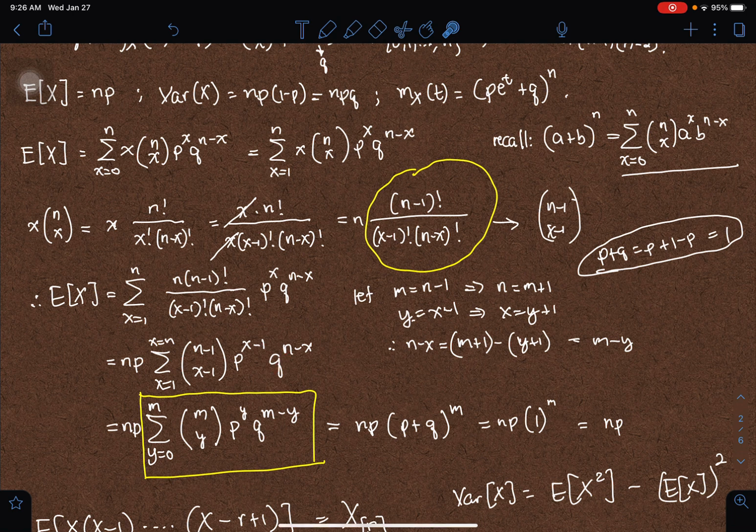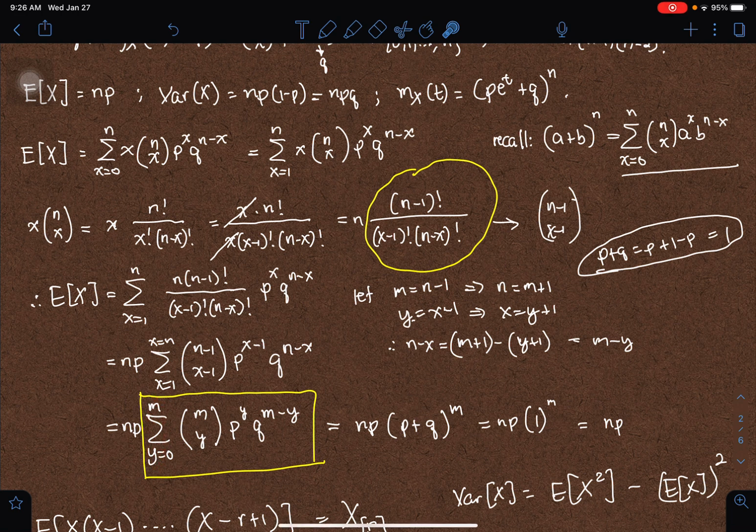Now we change some variable here. We let m be equal to this number, n minus 1, which would imply n is equal to m plus 1. Okay, with this introduction of new variable and y equals x minus 1, we will have to also change the limit of the sum with respect to y and m.